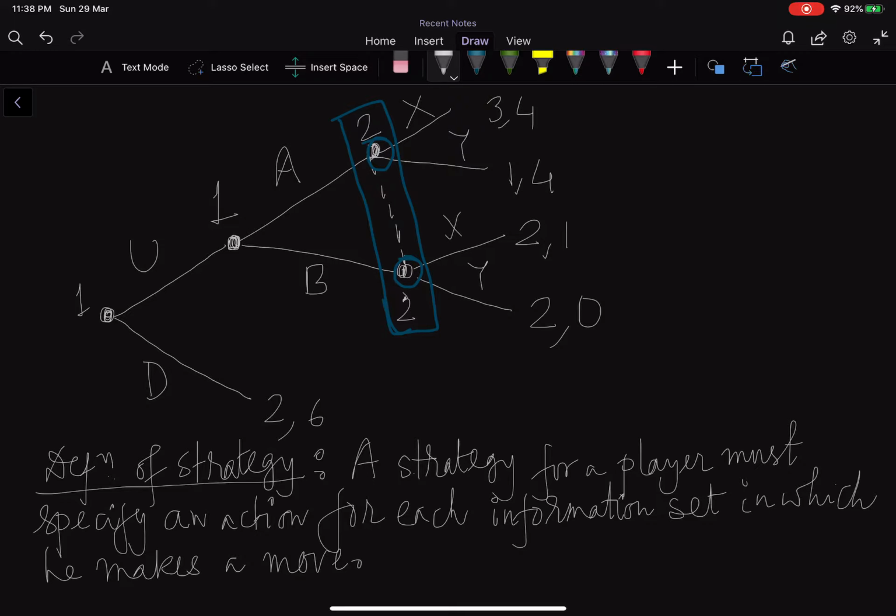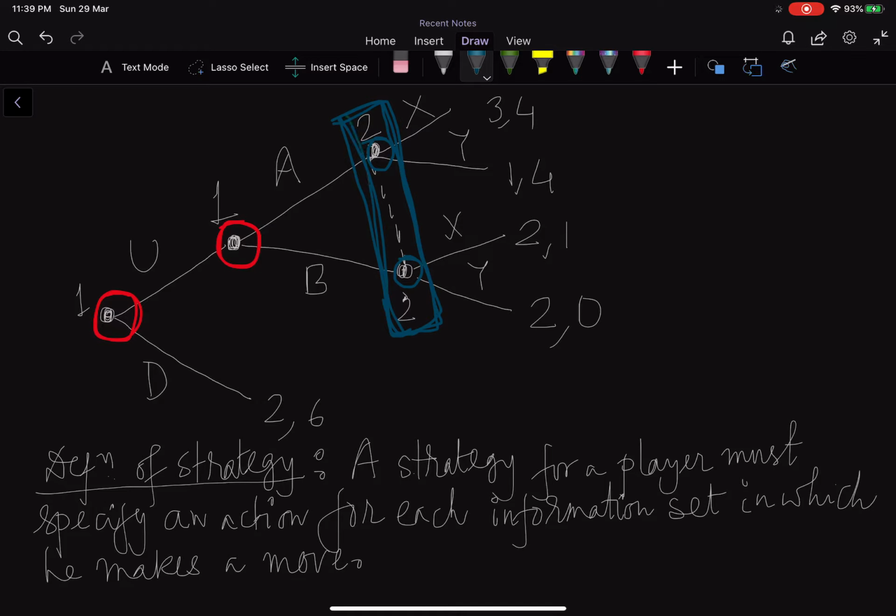So now what is a strategy? A strategy for player 1 is to specify something in the initial node, the first node, and then specify something in this node. These are the two nodes, or two trivial information sets, in which player 1 makes a move. And player 2 must specify an action for this entire information set.